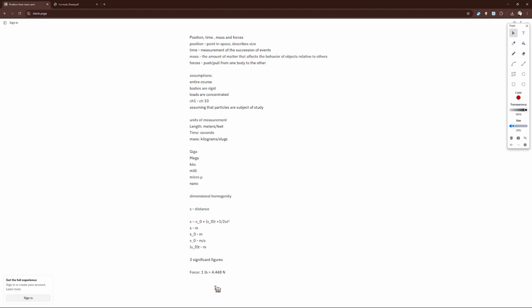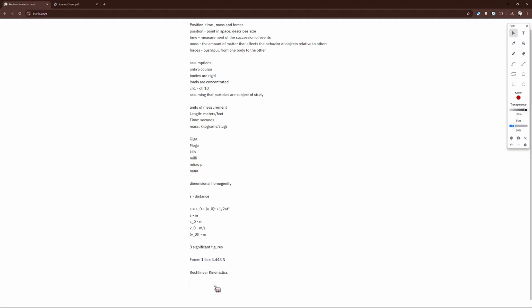So let's begin with rectilinear. Oops, that's not how you spell that. Rectilinear kinematics. Kinematics is studying motion, so that one's pretty obvious. And rectilinear means a straight line.